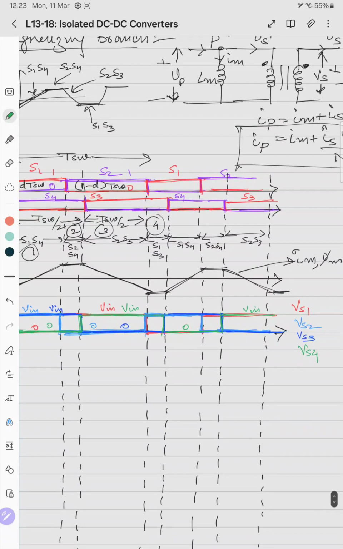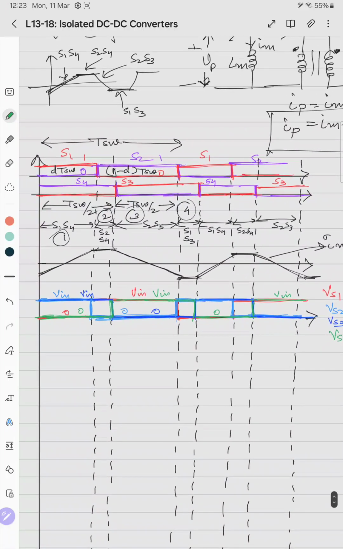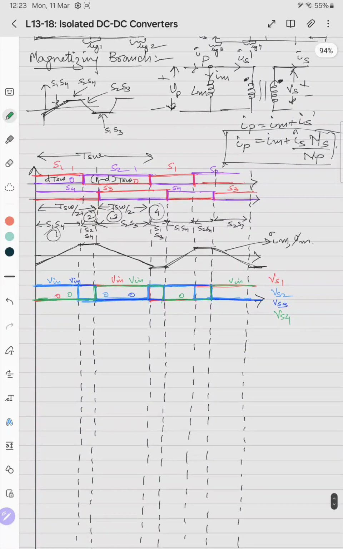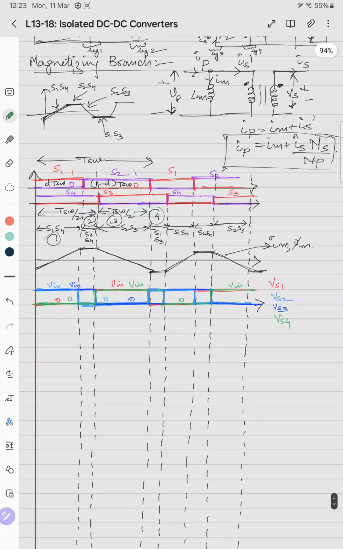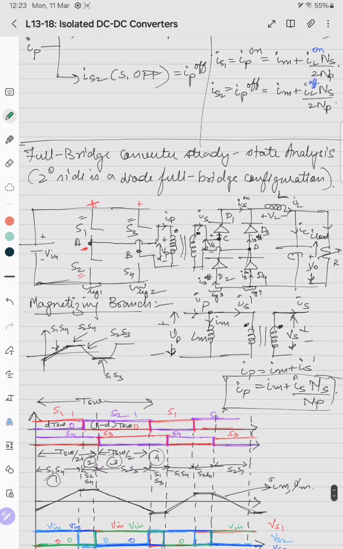So basically VS2 is nothing but VS1 shifted by one time. It looks of this nature. I should have done it separately, but okay. I think you can clearly identify the differences in these voltages. This you can see.